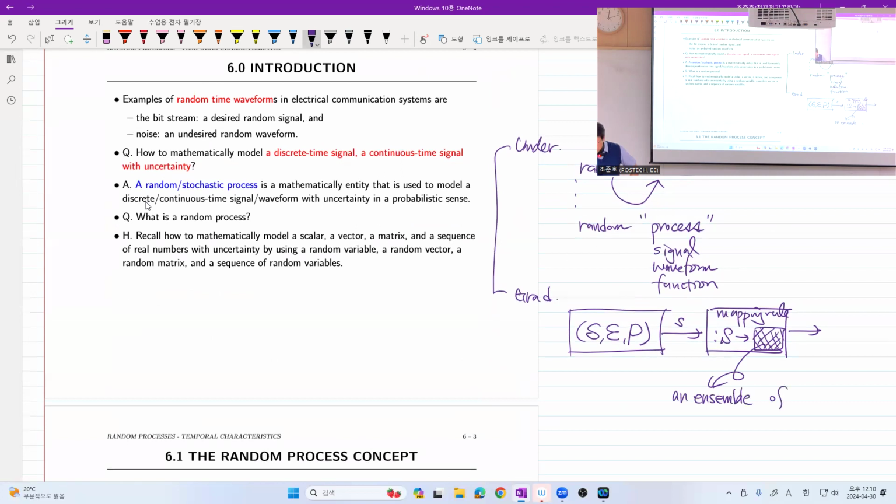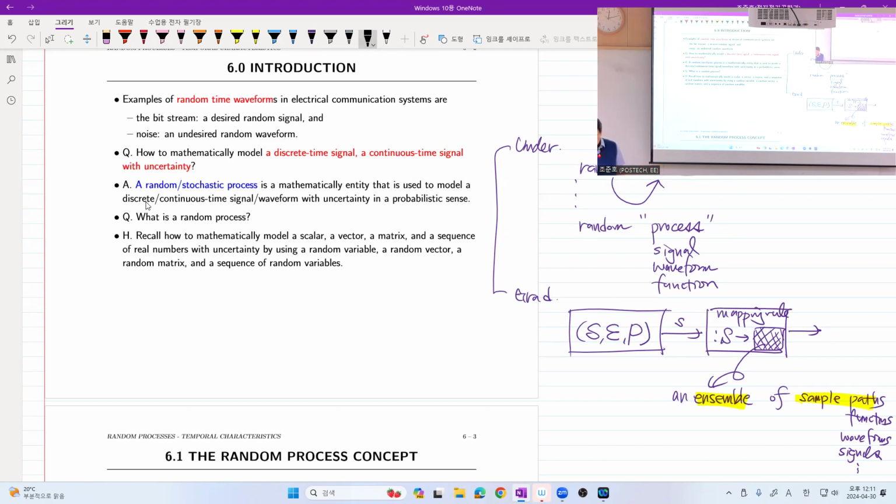Of course, of sample functions or sample paths, sample waveforms, sample signals if you want, anything. Got it? But sample path is one of the most commonly used terms, an ensemble of sample paths.